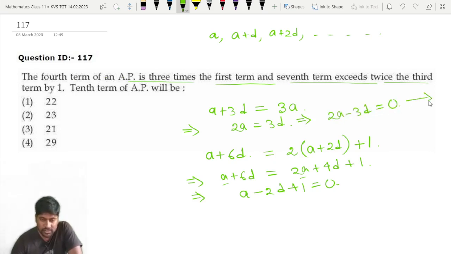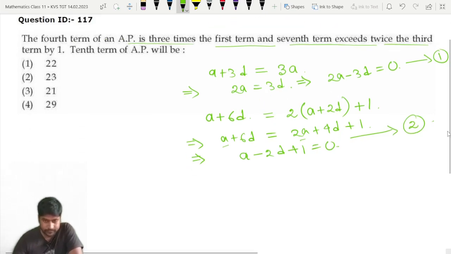Now these two equations we have to solve. You can solve in any known method. I need a and d both, because the 10th term we have to find. So first equation keep as it is, 2a minus 3d is equal to 0.